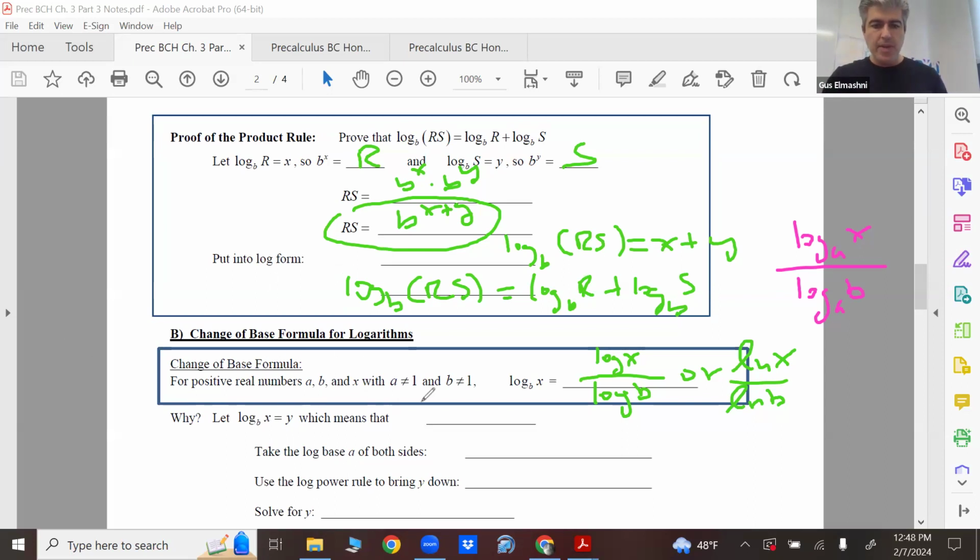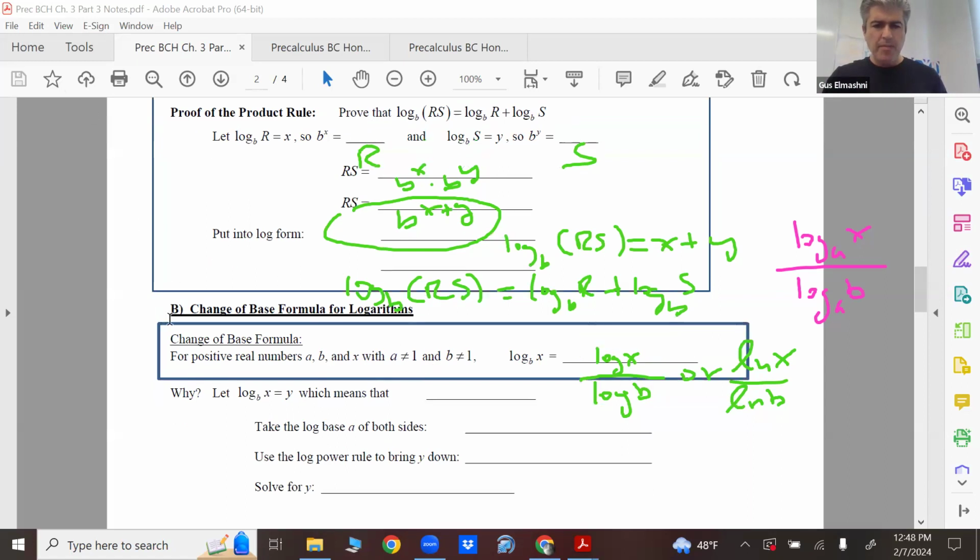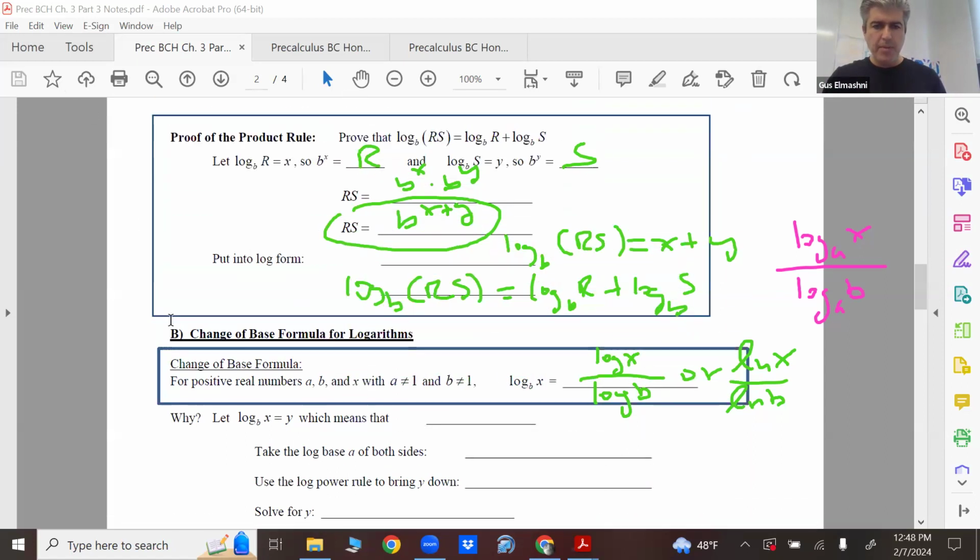So here, let's look at this one now. X equals B to the Y power. If you take a log of both sides, base A, I suppose, we're doing the same base on each side, right?